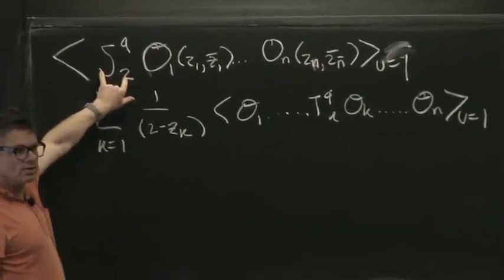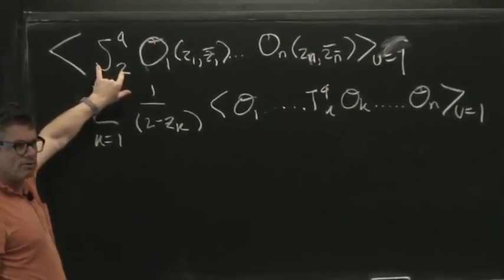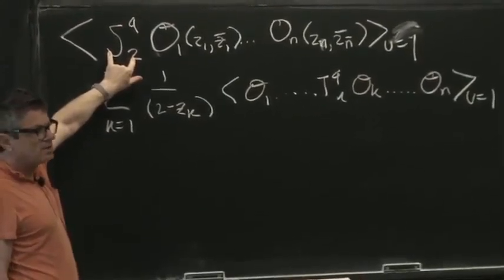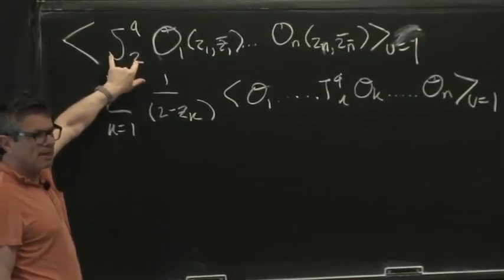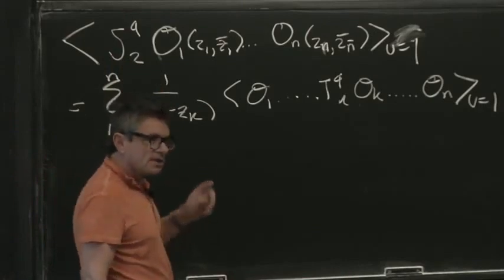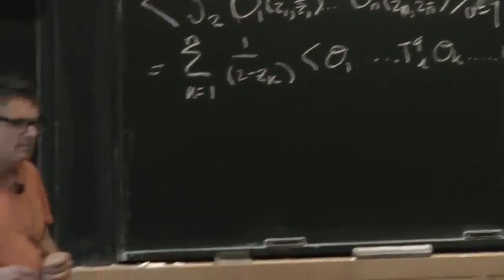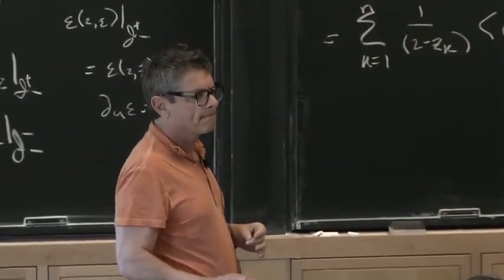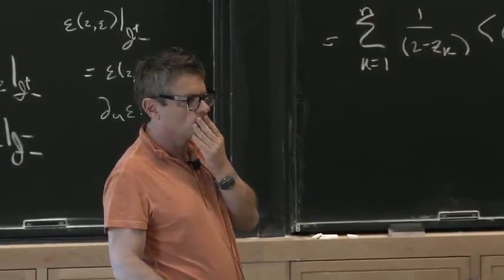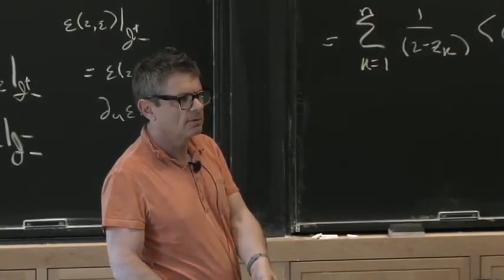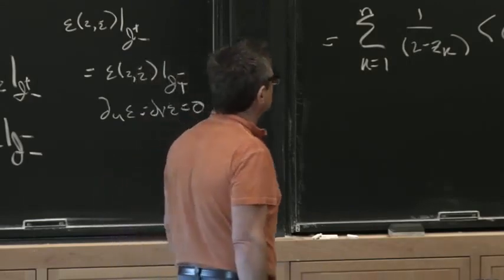I think the corrections you're talking about will involve the level of J. Oh, that J is J0. No, it's not J0, I mean the level of the Kac-Moody algebra. The level of this Kac-Moody algebra is 0. But still, if OI were not primary, wouldn't I expect other terms? I don't think so. No.